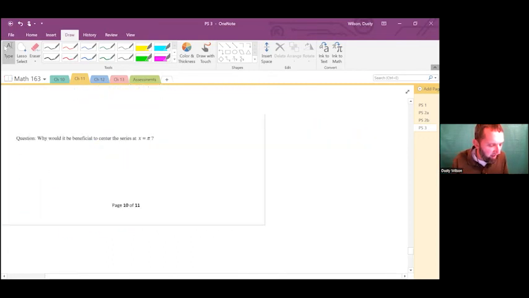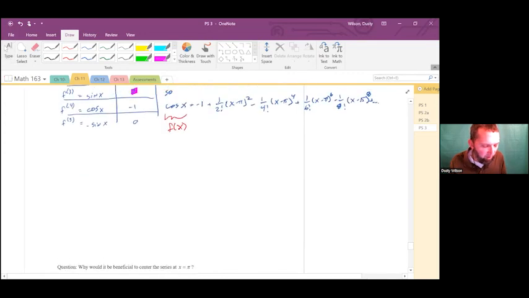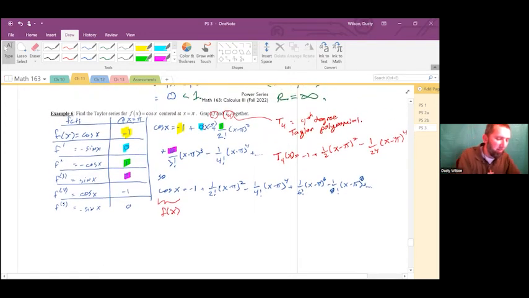And so the question asked us to graph these things together. So let's see if we can pull up our Texan friend and graph. All right, so we're going to try to graph the function f of x equals cosine x, and then also the T4 function. So let me share my screen.